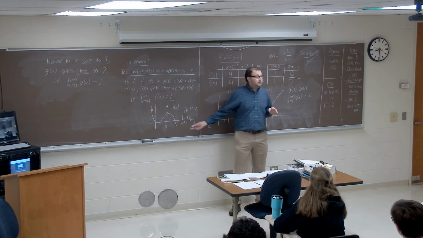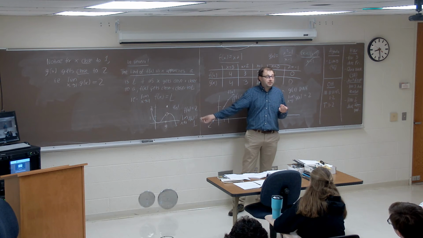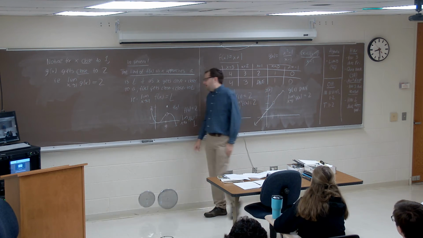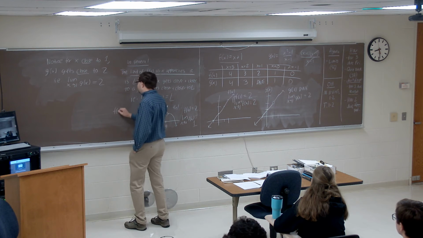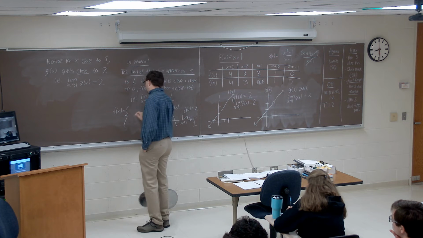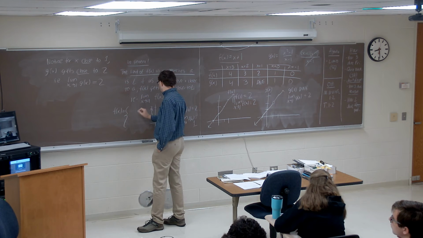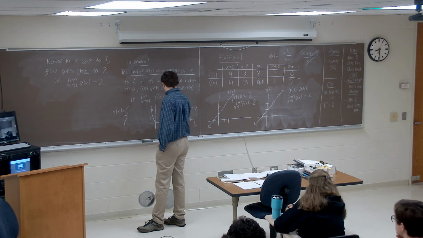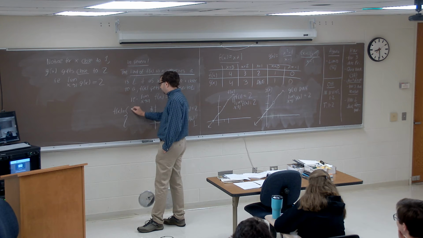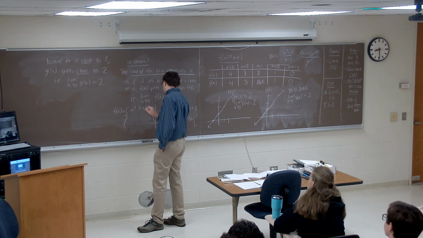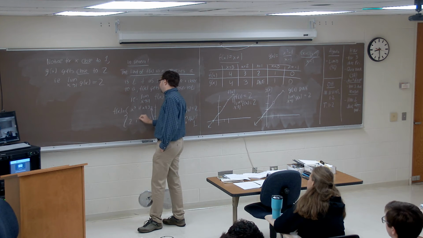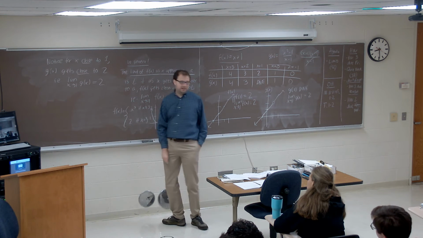Now you might ask, Dr. Gerstle, what would a formula for a function look like that would cause something like this to happen? And usually it would be a piecewise function. So in order to get something like this, you would need f of x equals x cubed if x is anything other than 3, but if you plugged in 3 itself, you would get 2 as an output.